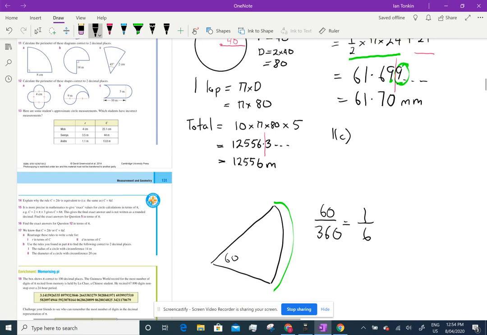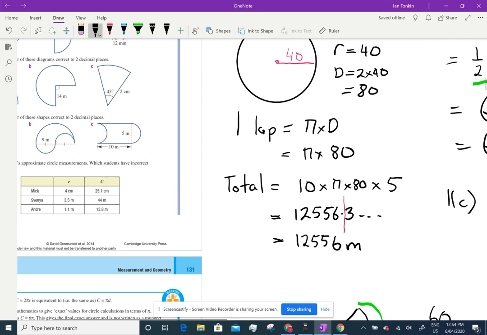So when I'm doing 11C, this bit is 45 degrees over 360 of a circle. But I've also got to remember I need to add these two straight bits as well to get the perimeter.